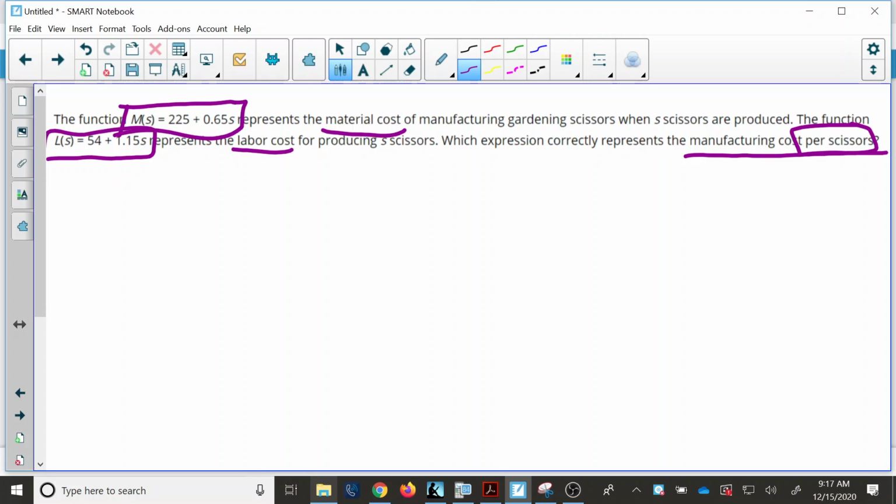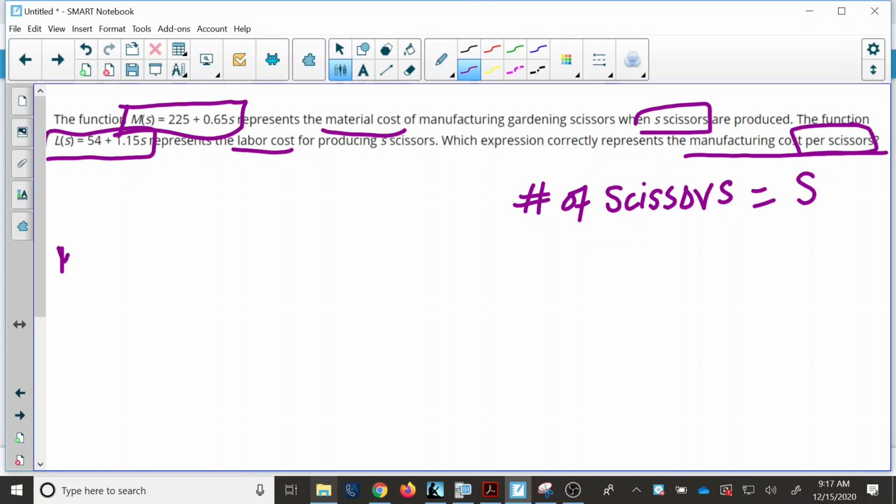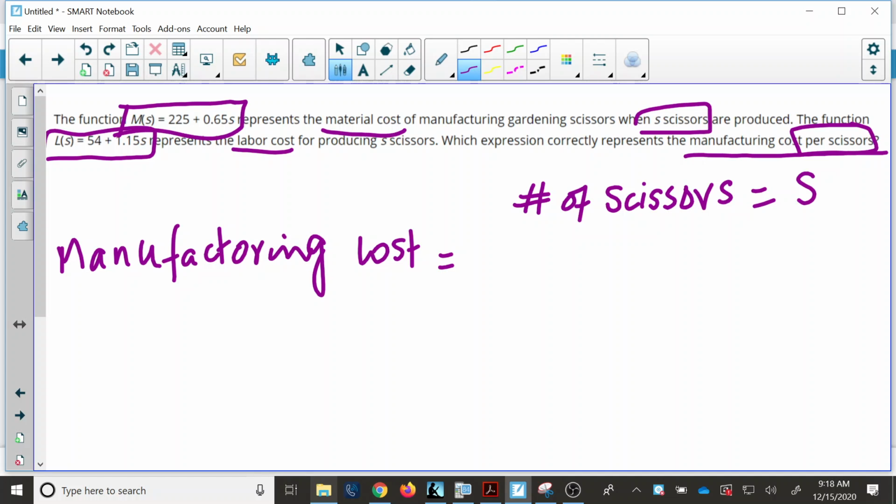So how many scissors are there? There are s scissors produced. So let me write down the number of scissors is s, in terms of s. We don't know a number, okay? Now the manufacturing cost will be the total cost, the material cost plus the labor cost, right?